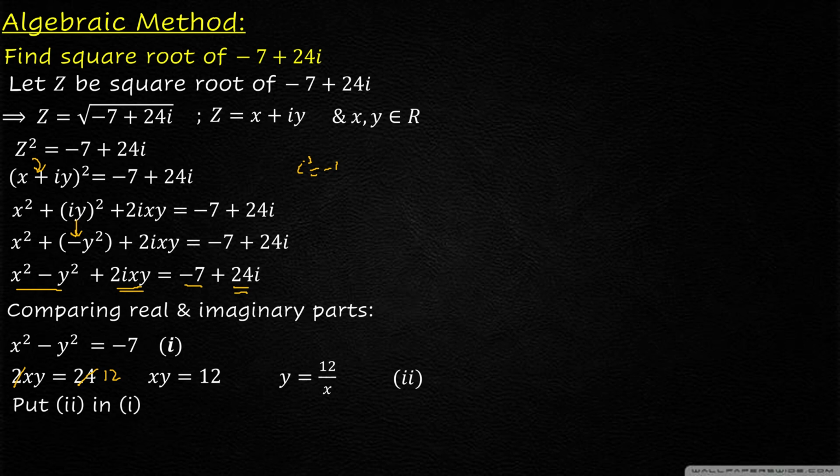Put the value of 2 in 1 and we get x square minus 12 over x whole square is equal to minus 7. Here the value of y has been replaced in equation 1. Expand the square to get x square minus 144 over x square is equal to minus 7.